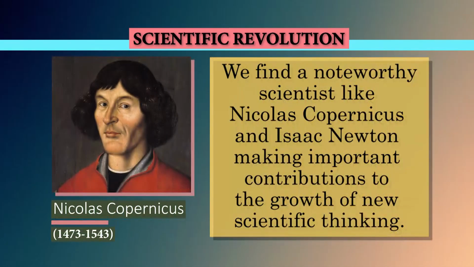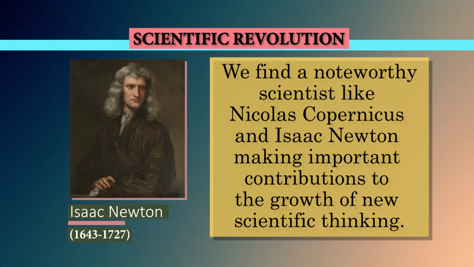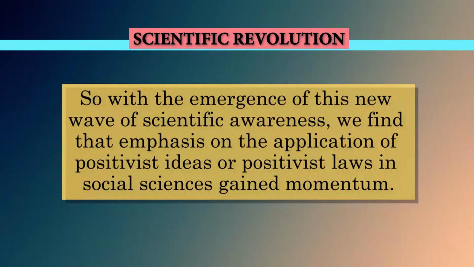We find that during this period, noteworthy scientists like Nicolaus Copernicus and Isaac Newton made important contributions to the growth of new scientific thinking. So with the emergence of this new wave of scientific awareness, emphasis on the application of positivist ideas or positivist laws in social sciences gained momentum.